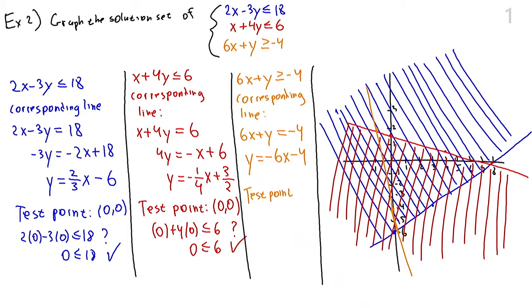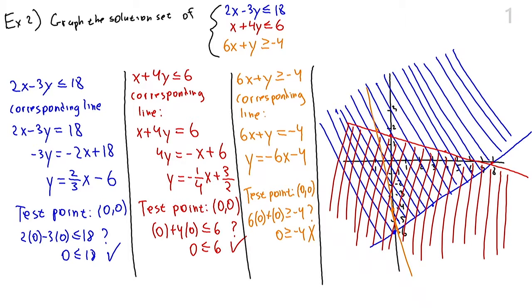So again, our test point is the origin, and we ask ourselves, is 6 times 0 plus 0 greater or equal to negative 4? So is 0 greater than negative 4? The answer is no, it is not.